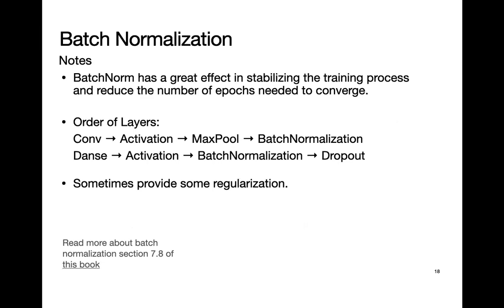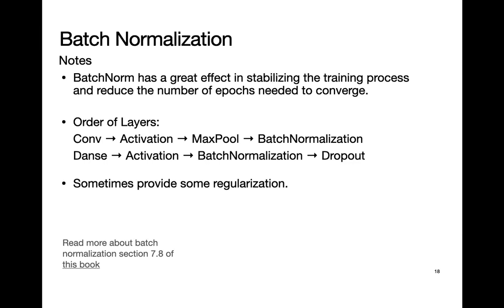Also, since the input of each hidden layer is normalized, this improves the training of that layer, as we saw with a normal linear regression. Therefore, it will reduce the number of iterations you need to train your model. Batch norm is also important when you're doing hyperparameter tuning. You want to do it as fast as possible, so you use batch norm to speed up your training to estimate the best parameters.